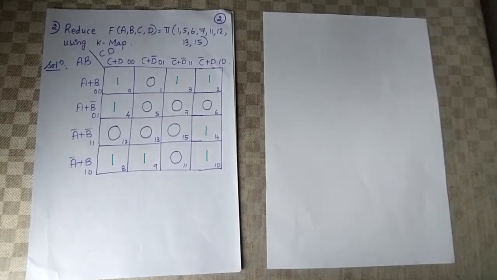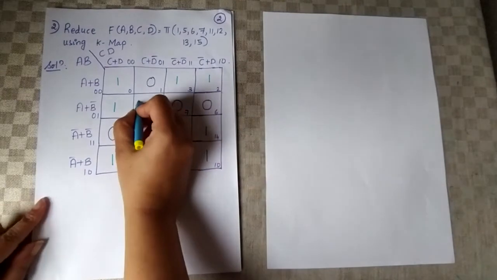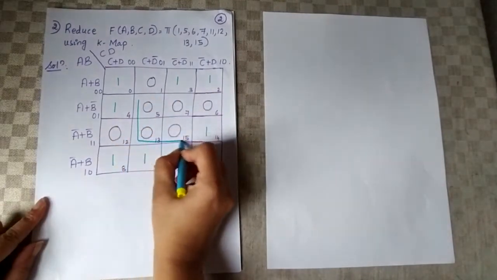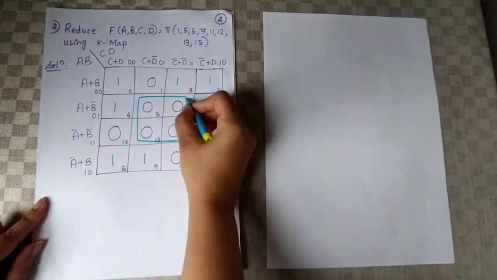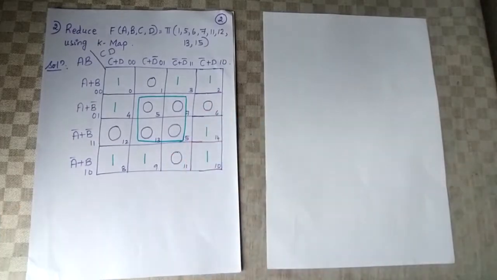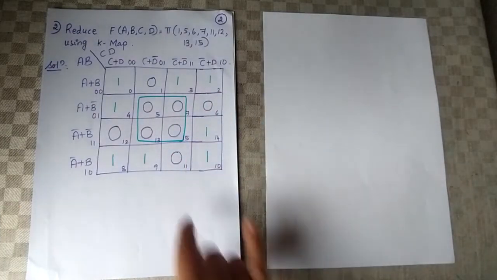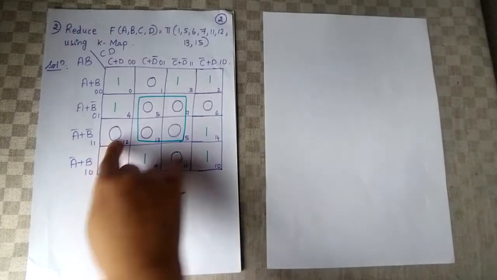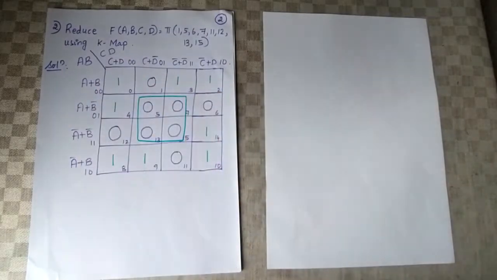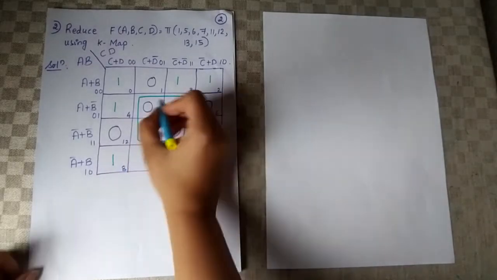If we observe, there is a quad which is here. Next, you are left with 0 here, here, here and here. When we group these zeros with the other zeros in the K-map, is there any possibility of a quad anymore? No, we cannot have 4 zeros together with them. So they are all pairs here.